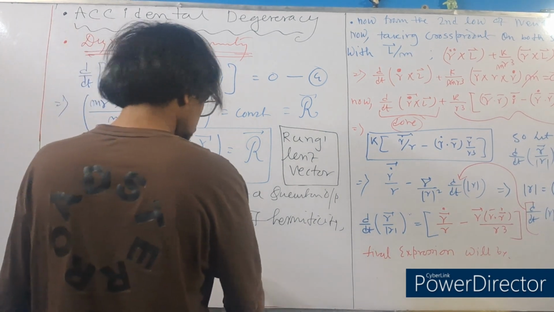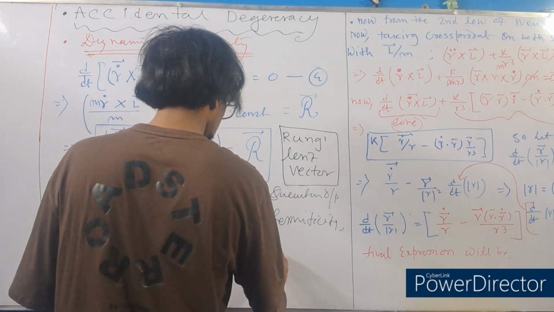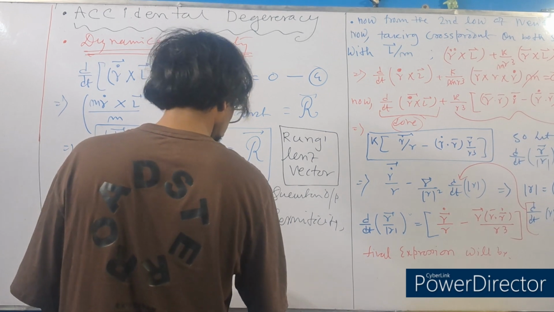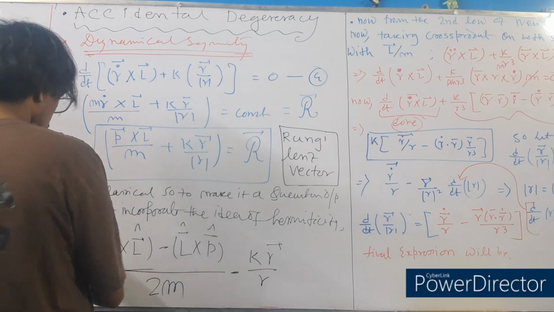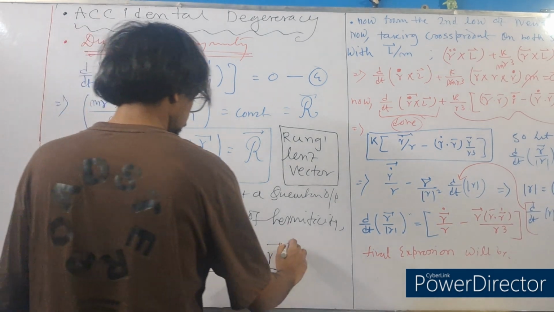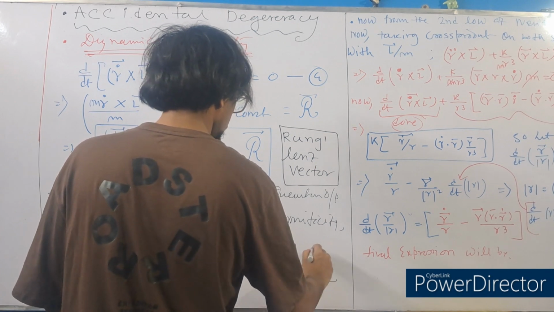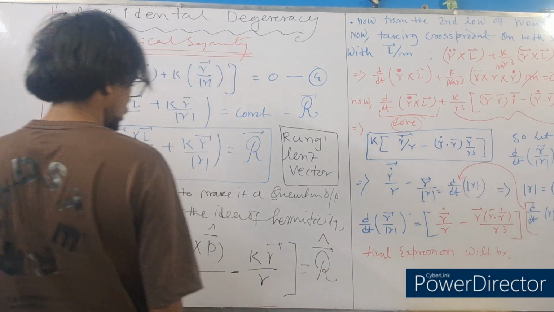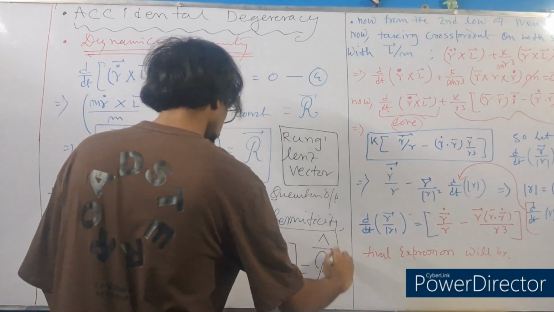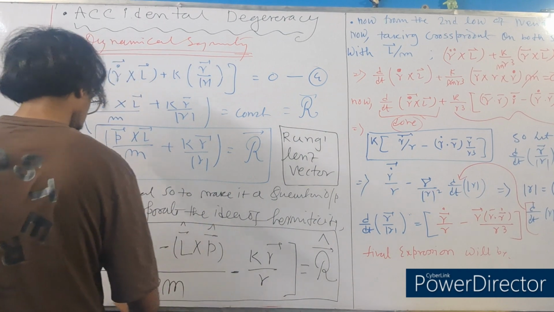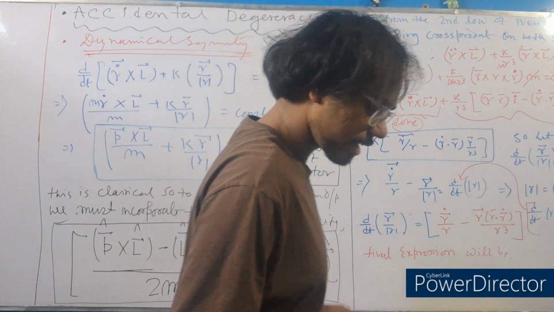And this part is basically a directional quantity, and it does not matter to us. And this will be our Runge-Lenz vector. This is our quantum mechanical Runge-Lenz vector.